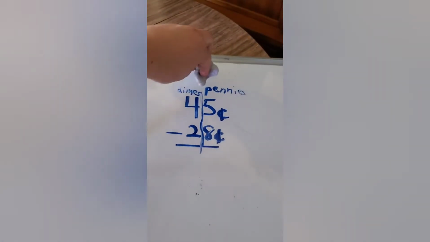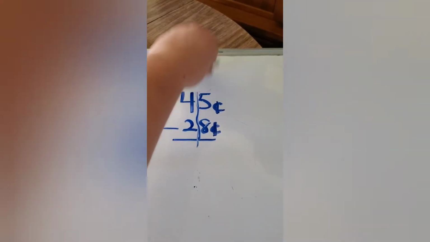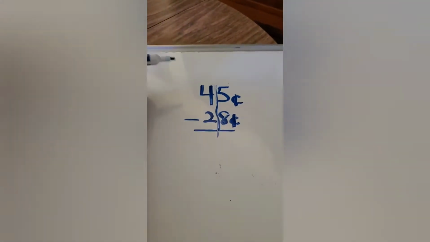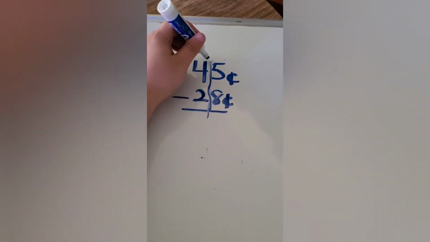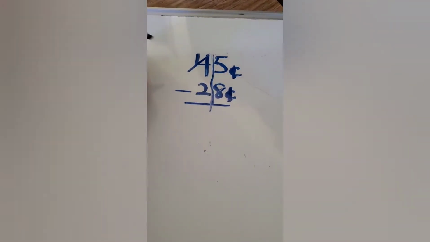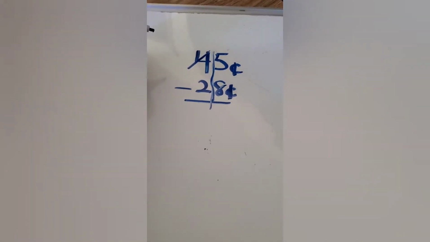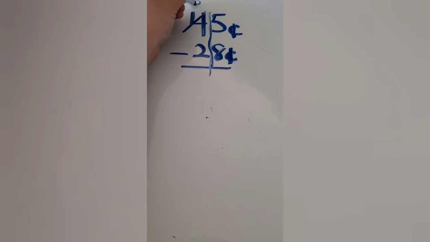I'm going to erase this because you guys know that imaginary line with our pennies and our dimes so well. So remember what we have to do? We have to cross out the 4. And what number am I going to put up top here? All right, it's 3.